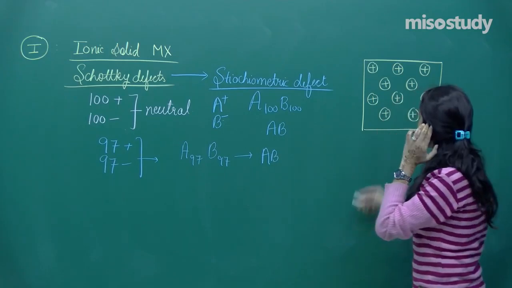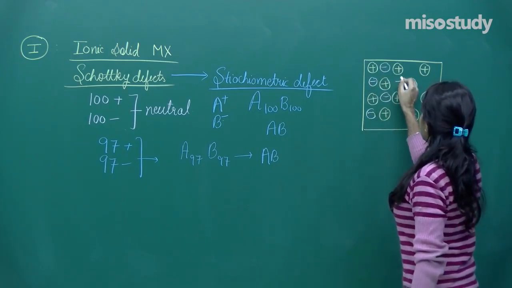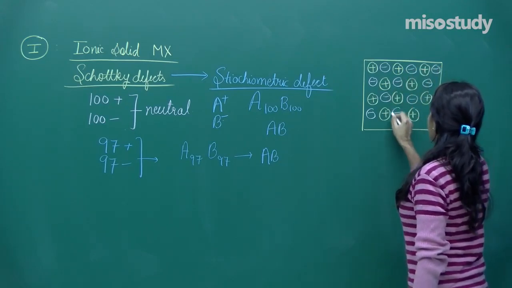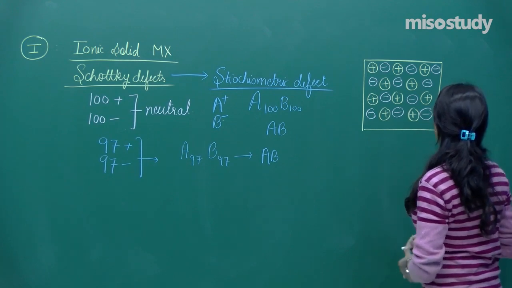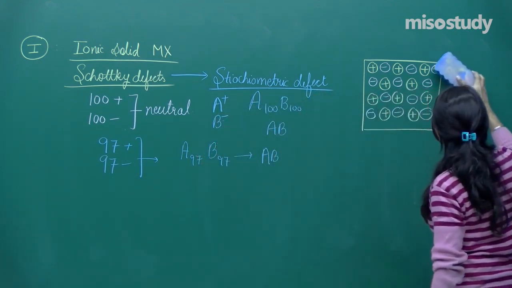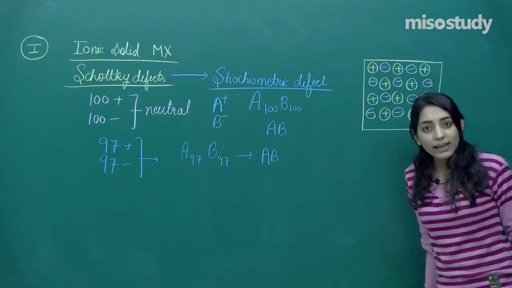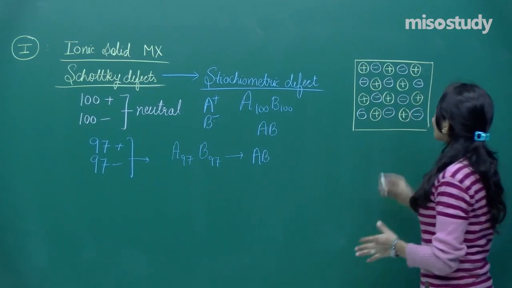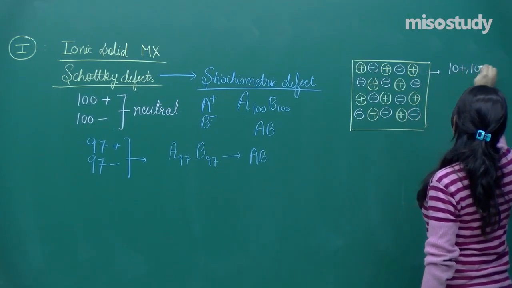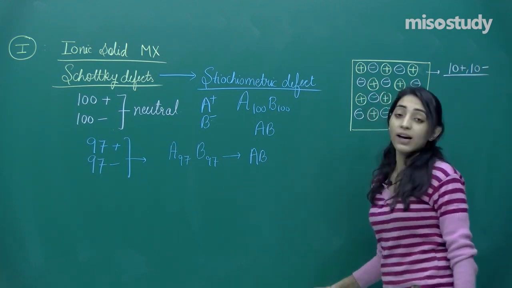And now let us say, I think something wrong I have done. So there must be a total of 10 negative charges as well. One extra I have created, right? So how many positive were there? 10 plus. How many negative? 10 minus, right? Now let us say there is Schottky defect occurring.